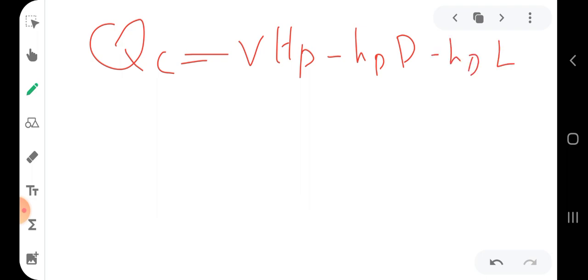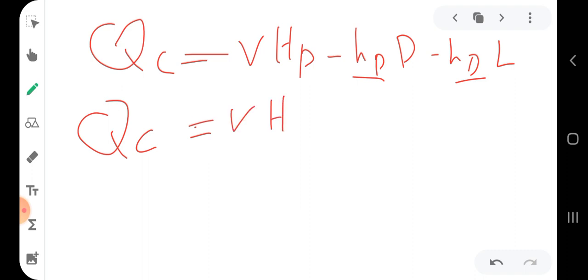Now let's take a common factor, which is HD. So we will have QC equal to VHD minus HD, and then we have D plus L.